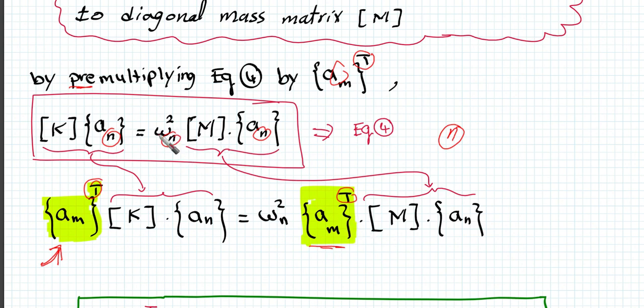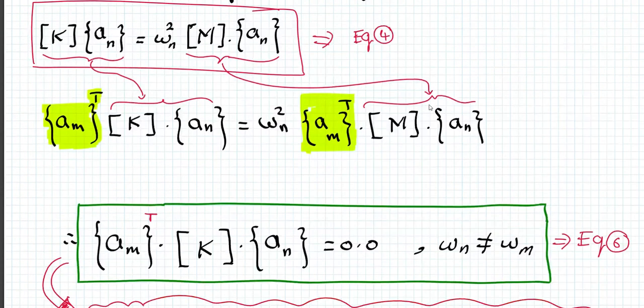Remember that omega squared n is a scalar value, so it's no problem to put it here or here. I put it in this way so that we can approach our conclusion.